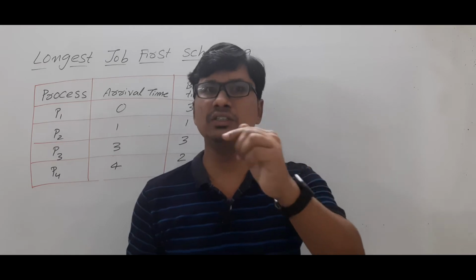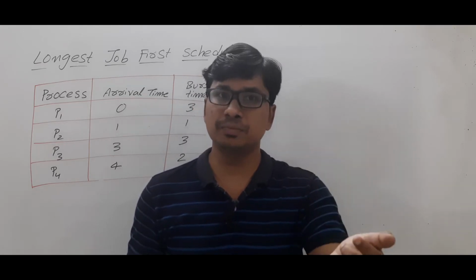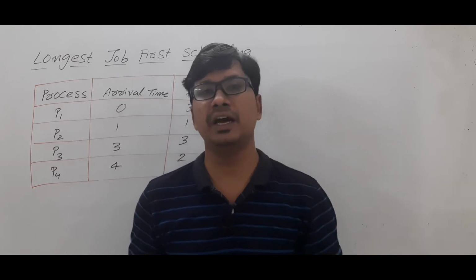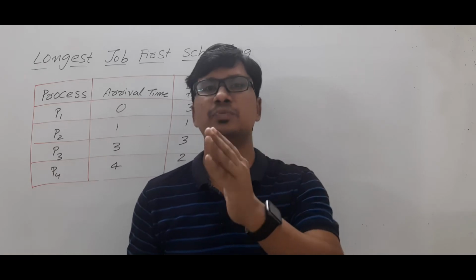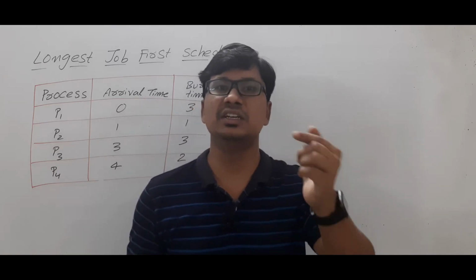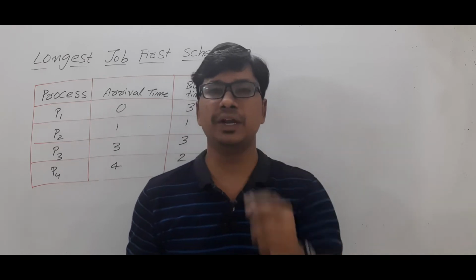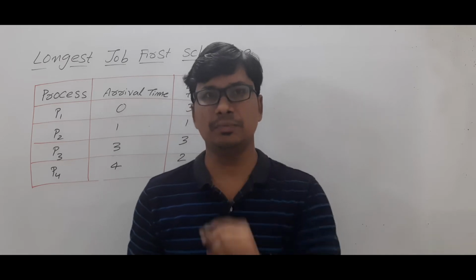If it is shortest job first scheduling algorithm, the process which has the less burst time will be given priority to dispatch to the running state. If it is highest response ratio next scheduling algorithm, the process which has the highest response ratio will be given priority to be scheduled to the running state.